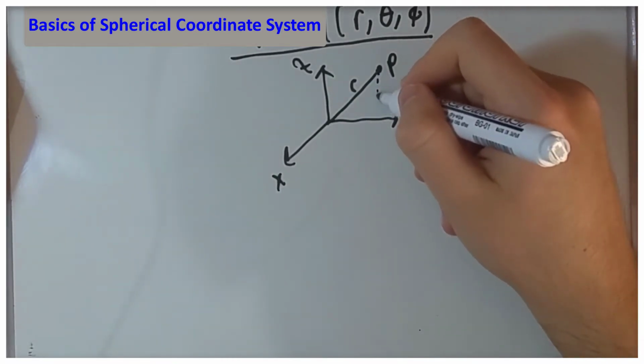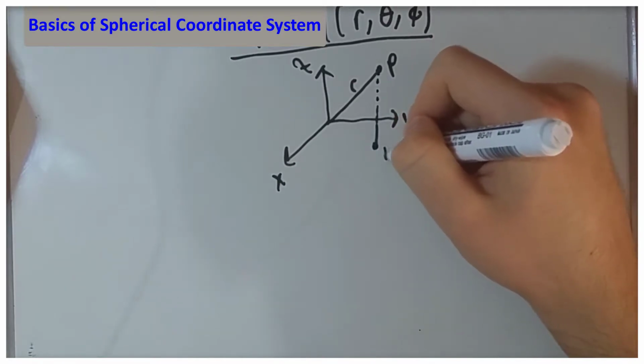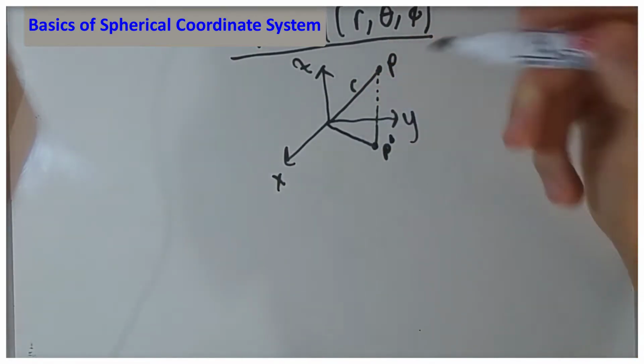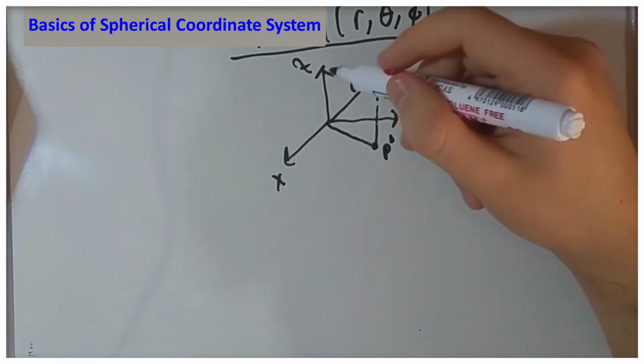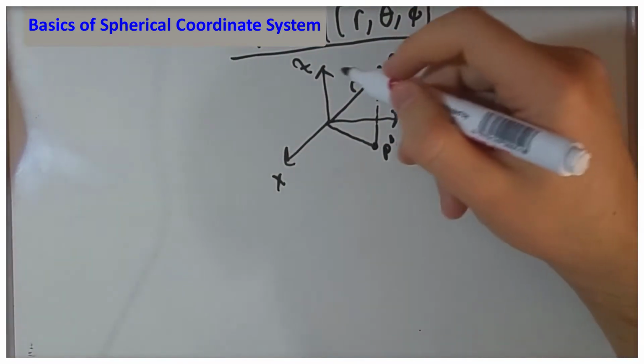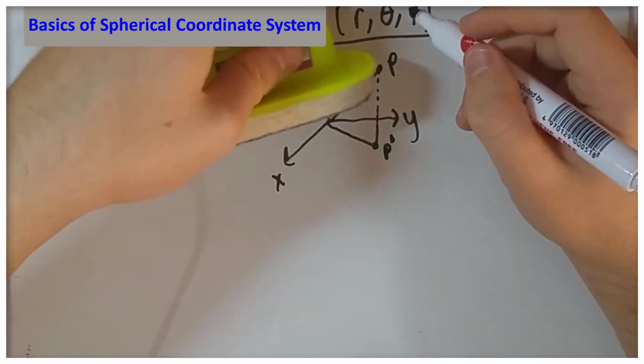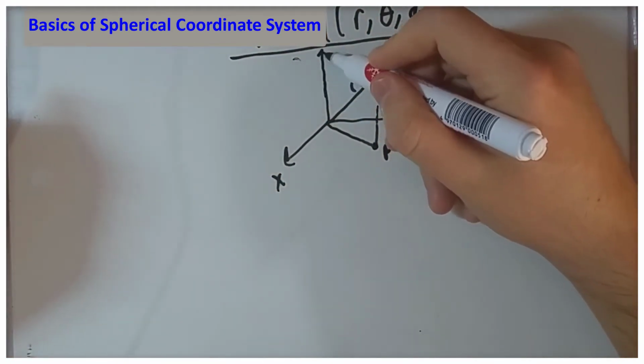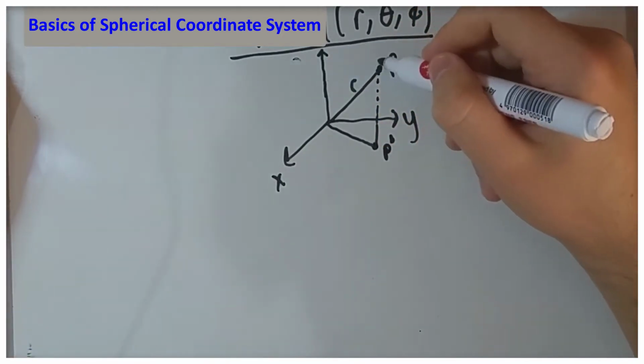Now I project point P in this area again. Let's draw again here correctly to understand correctly.